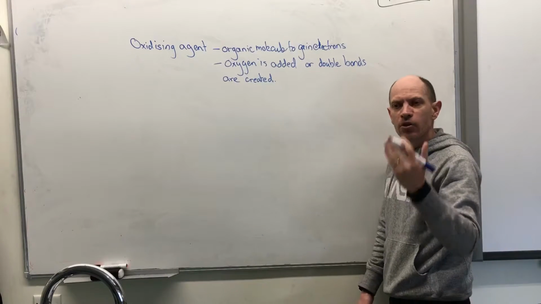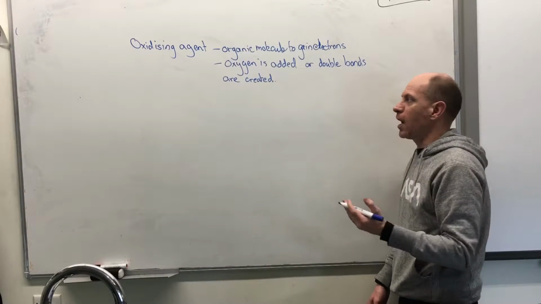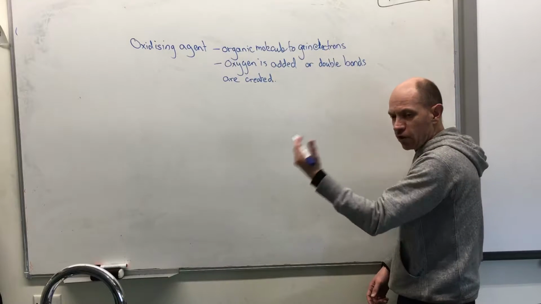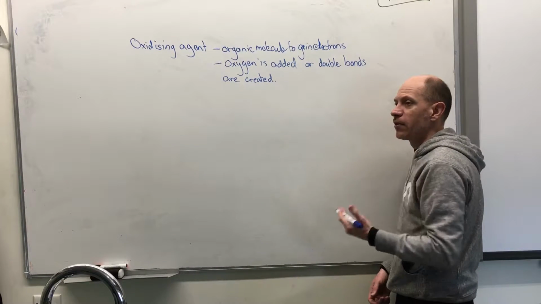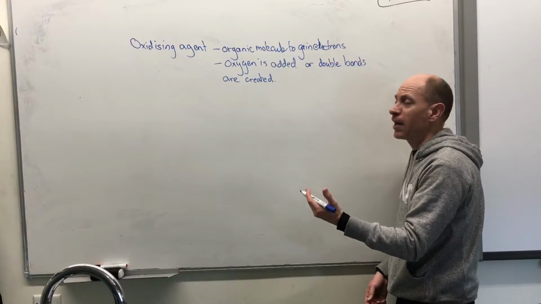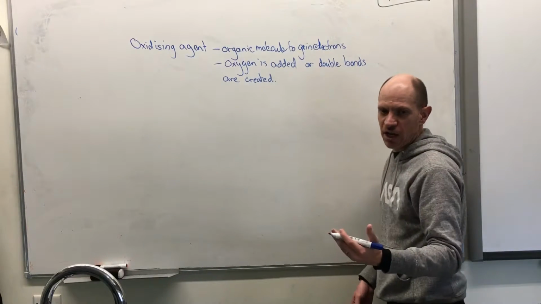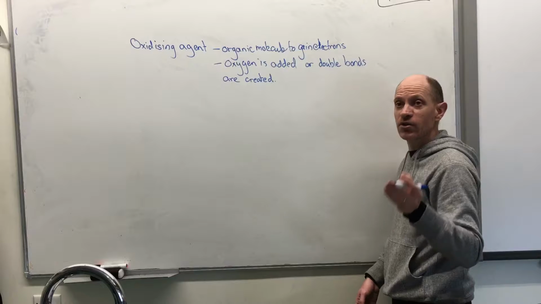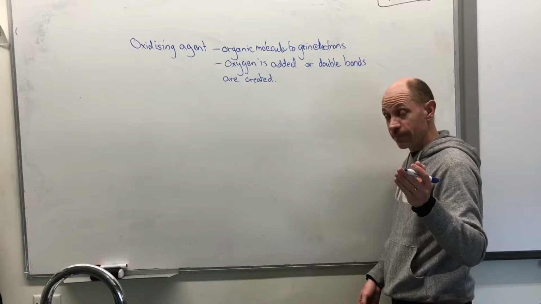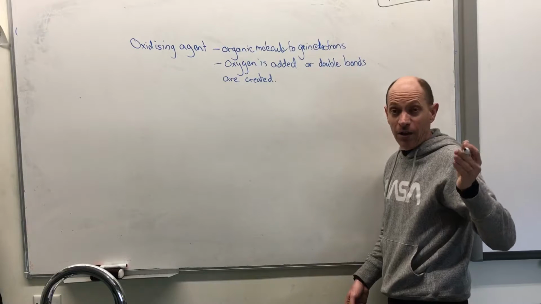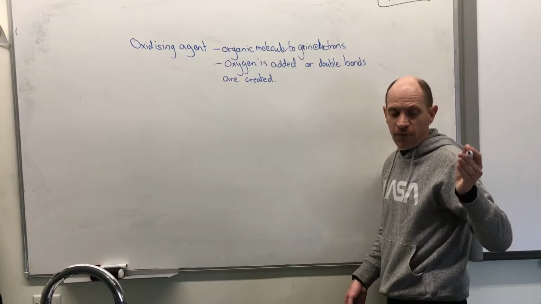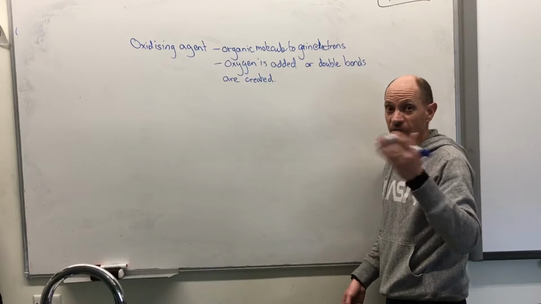So every time you do an oxidation, what happens is that the oxygen's added, a double bond is formed, and then the third step, the next part, is that another oxygen's added. So that's how we can use an oxidizing agent to get from an alcohol to a carboxylic acid via an aldehyde.